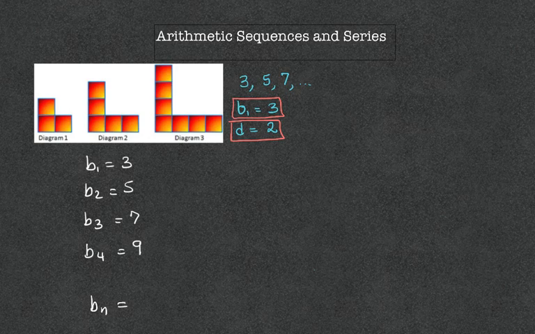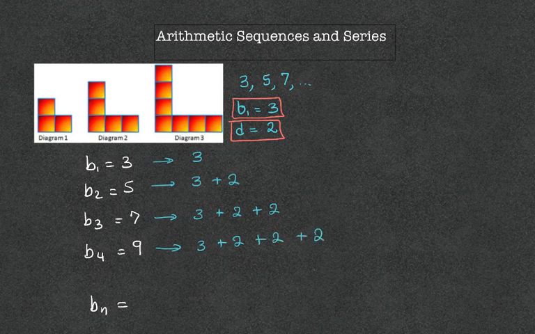So I want to write 3, making explicitly the amount of times I am adding the common difference. So I know that 3 is simply 3, but 5 is 3 plus 2. 7 is 3 plus 2, and I added one more 2. 9 is 3 plus 2 plus 2 plus 2.